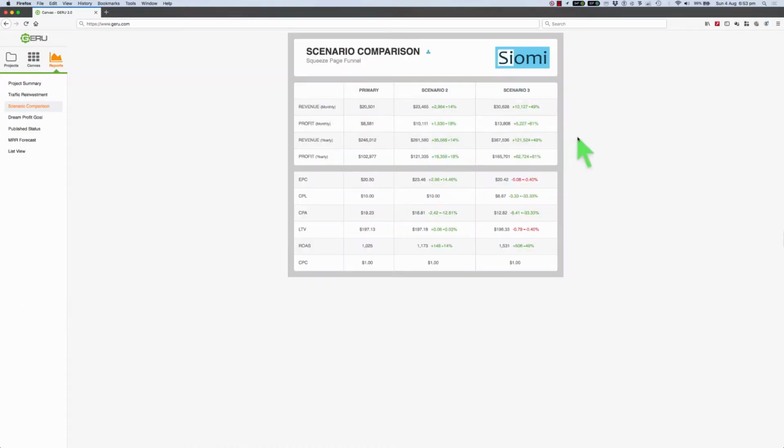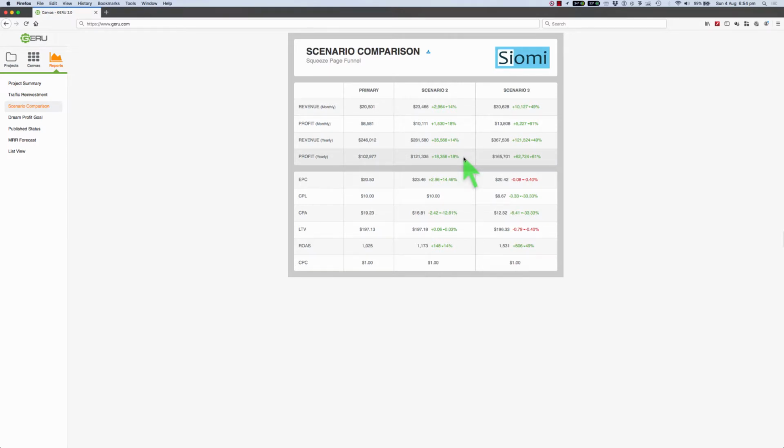So here's a tabular summary of what we've done. Here's the first scenario. Scenario 2 was where we just added another email in the chain, increasing it from a 3-step email to a 4-step email, leaving the other assumptions the same, and that gave us about a 20% improvement on the profit, both monthly and yearly, obviously.